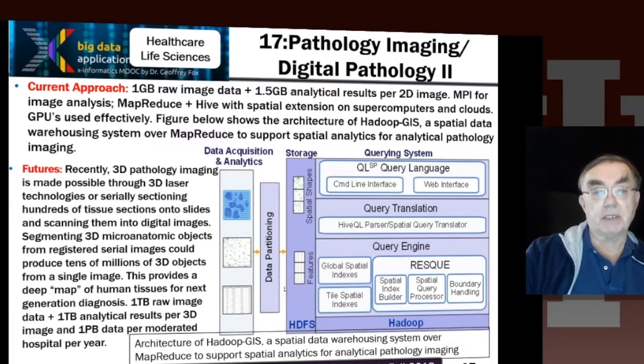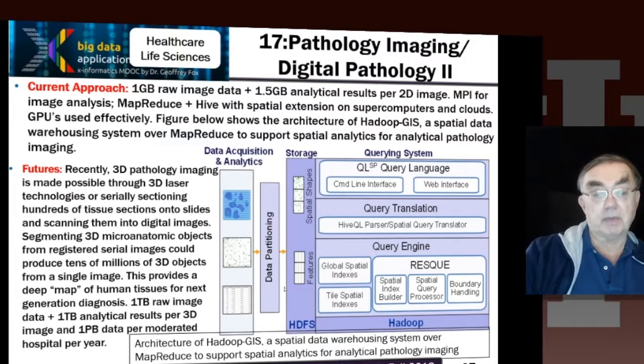An MRI image can help people diagnose what's wrong with backs, and other images will have different types of implications. This use case involves a MapReduce-like framework called Hadoop GIS, which allows one to build an image warehouse to support the analytics. These are called spatial analytics because images have spatial structure, and then that supports pathology.